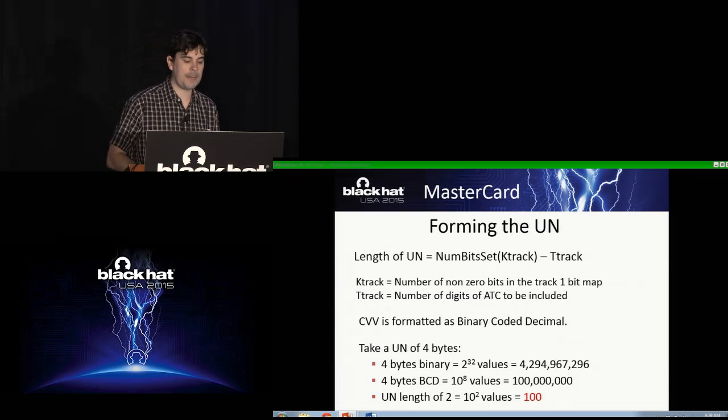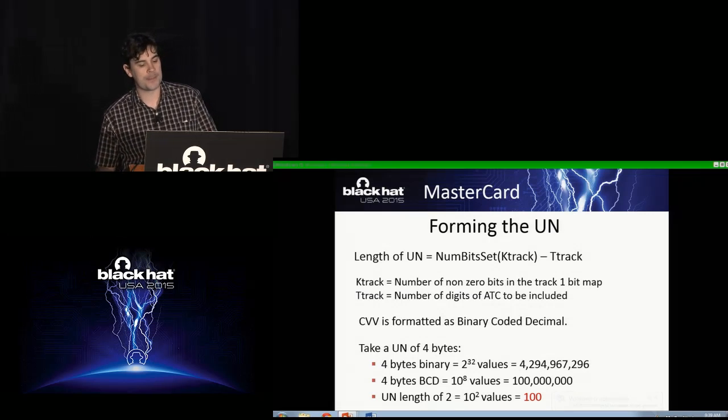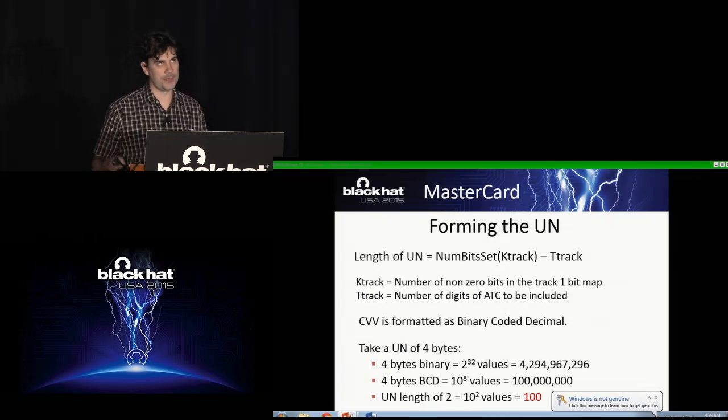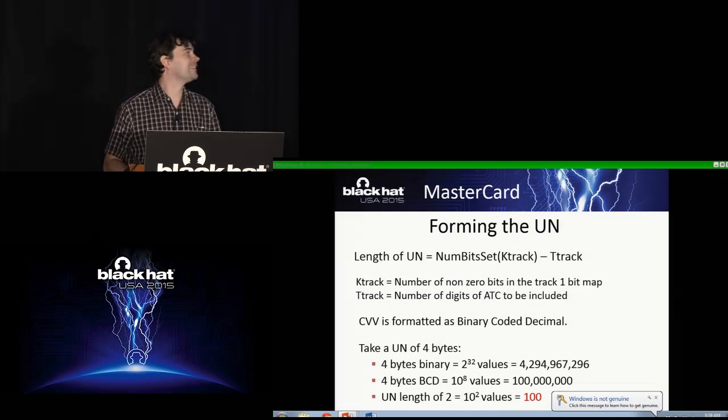The unpredictable number, when I originally thought was secure, I thought that was a binary field where we were fine because we've got 4 bytes, and you're looking at 4.2 billion or so values. This 4 bytes basically then has to be binary coded decimal. So then 10 to the 8, 100 million, that's fine.